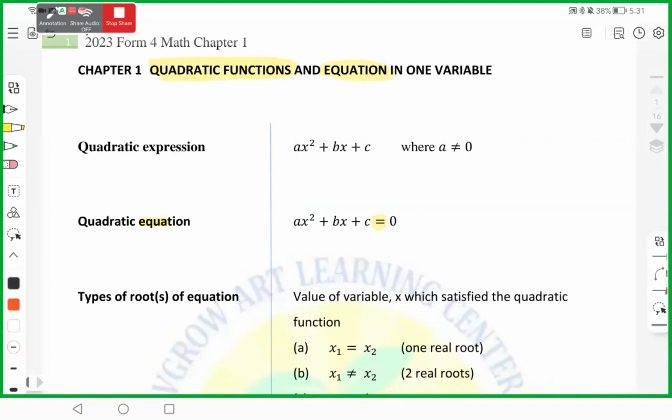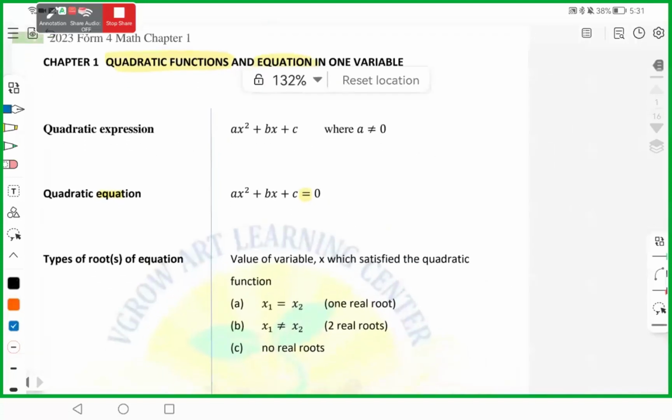That's quadratic equation. If we talk about quadratic expression, which we have learned in Form 2, Form 3, it's without equal 0, so we just need to simplify only. Example here: let's say we have 3x plus 5.